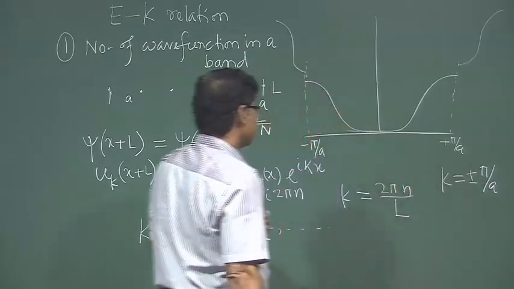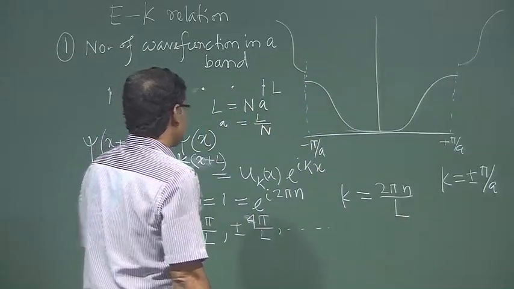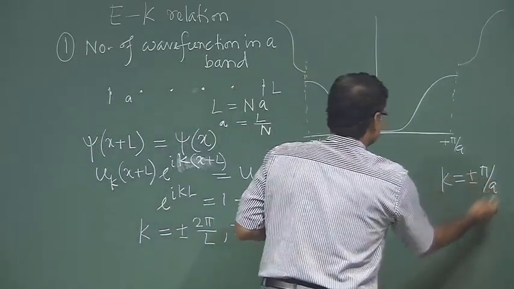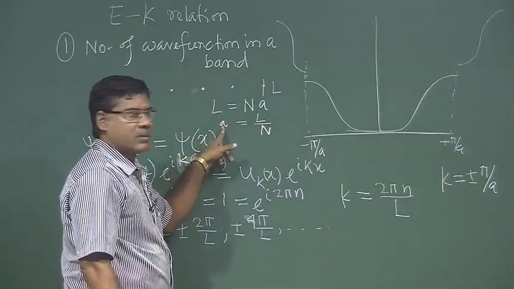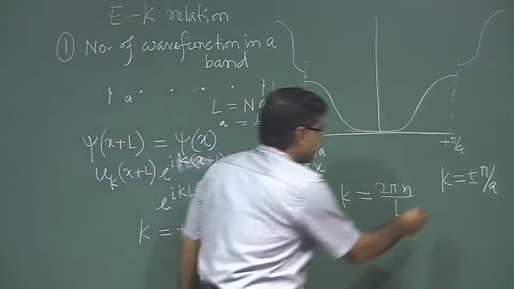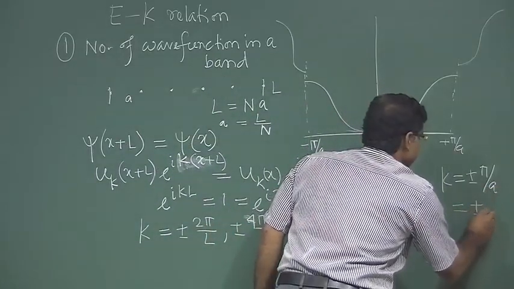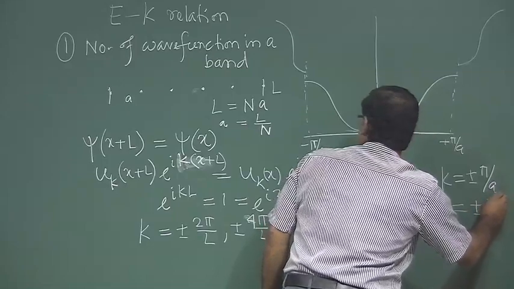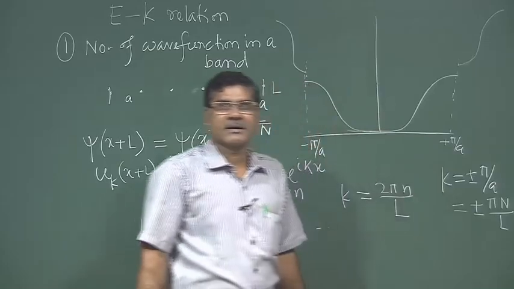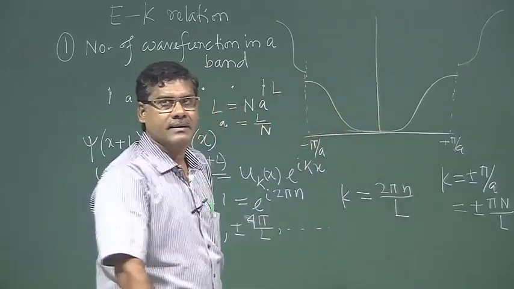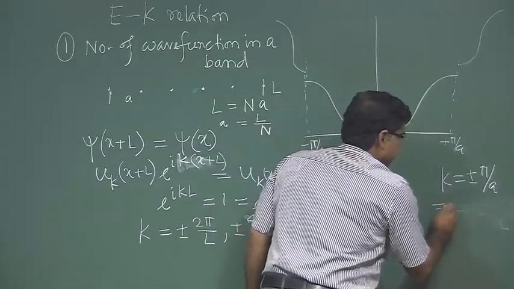If we put a equal to L by N, we will get plus minus pi N by L, plus minus pi N by L, right.